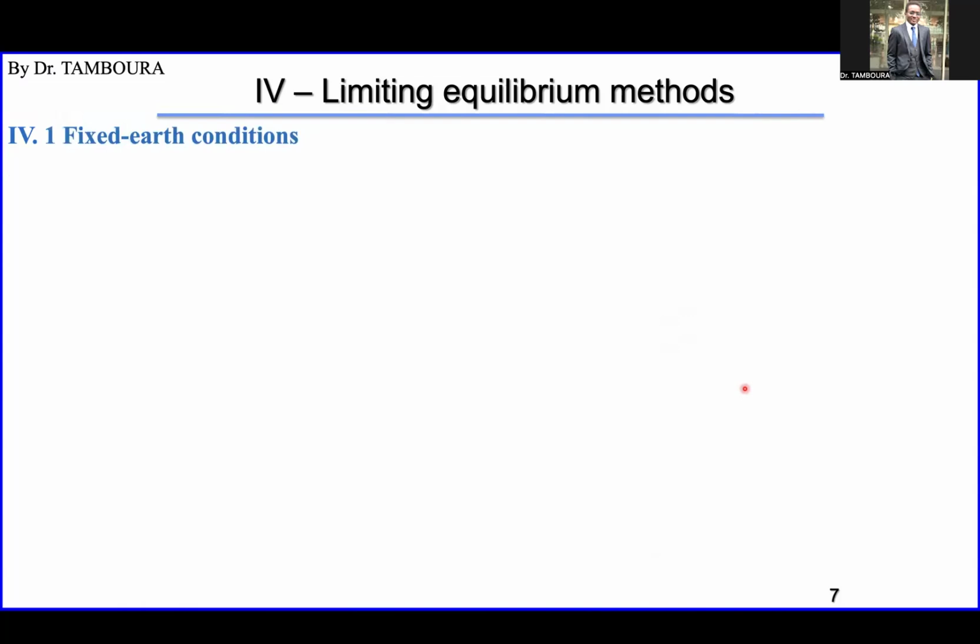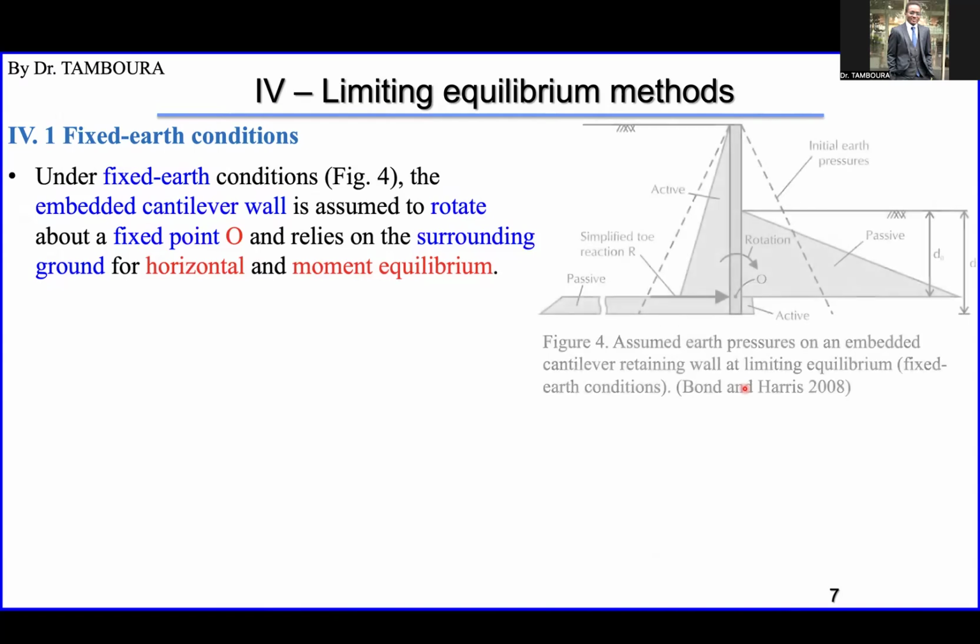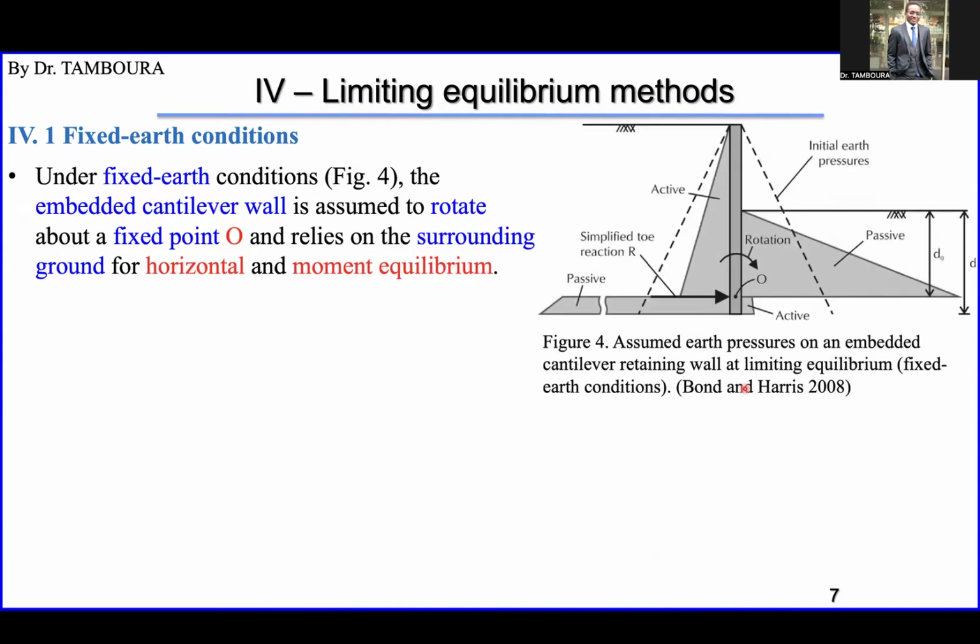Okay, so let's talk about several conditions. First, the fixed earth condition. What does it mean exactly? Under this condition, the embedded wall is assumed to rotate around this point, which is not the tip of the wall or the pile.